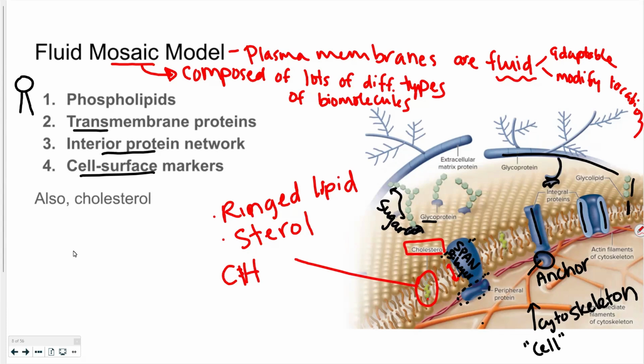And that cholesterol, because it's a lipid, is going to be hanging out with the fatty acid tails of the phospholipids. I can't spell phospho for the life of me, so I'm going to spell it as PL for phospholipids.